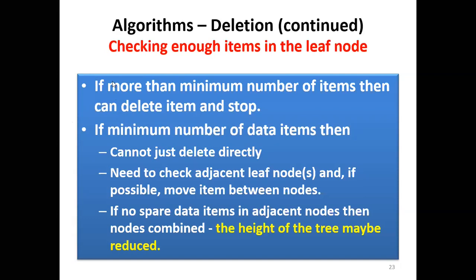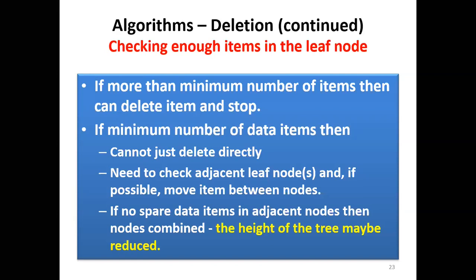Let me go through this again. If the data item we want to delete is in a leaf node, and that leaf node has more than the minimum number of items it's supposed to contain, then we can delete that item, and our operation is complete. We stop there.